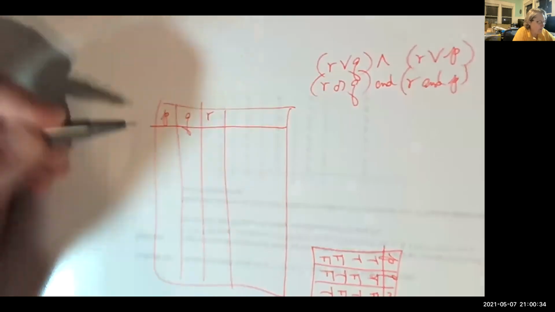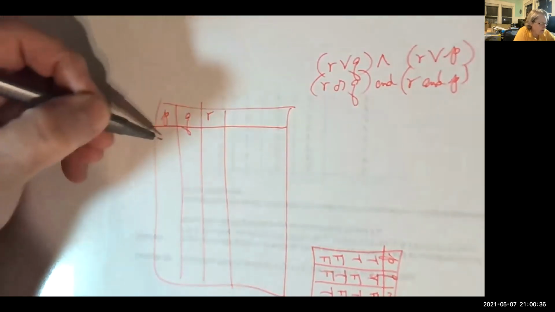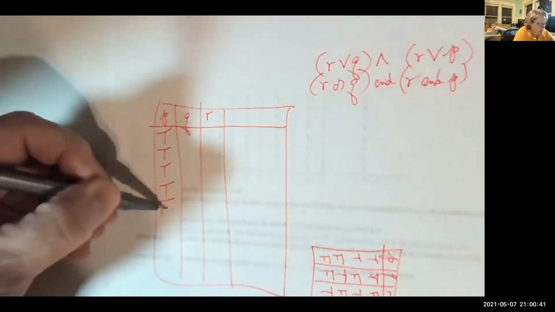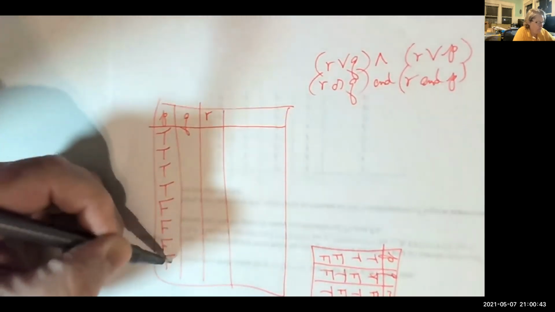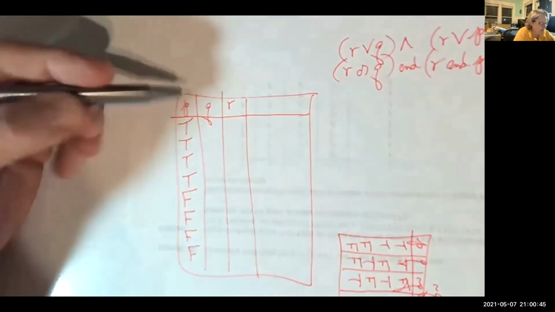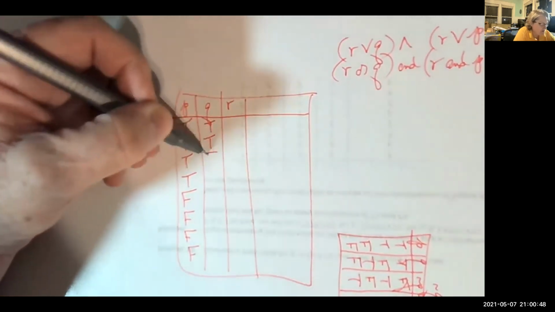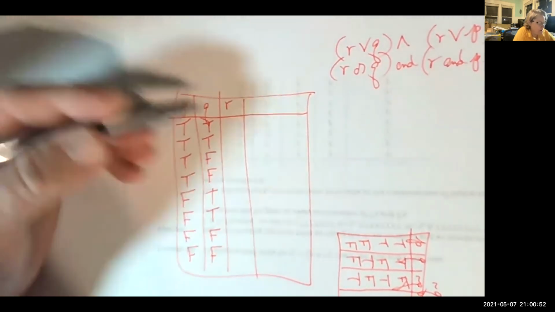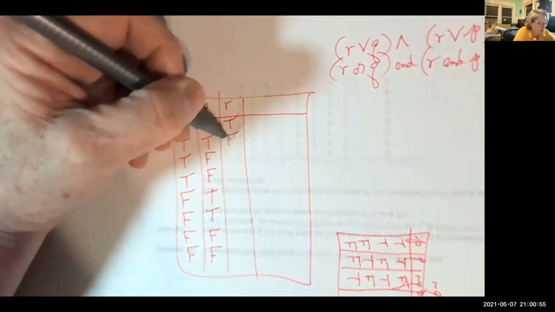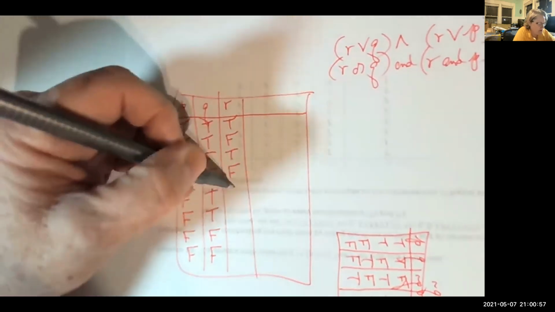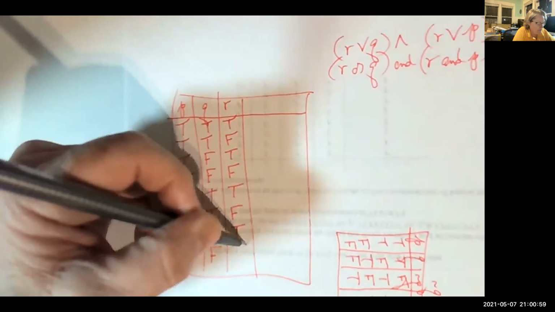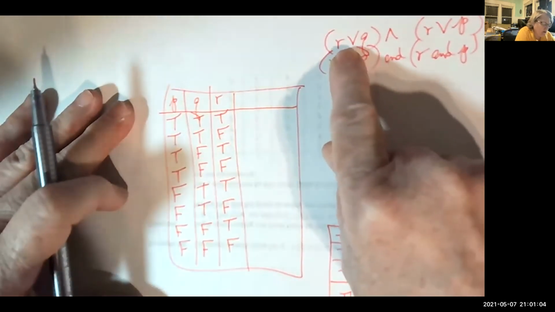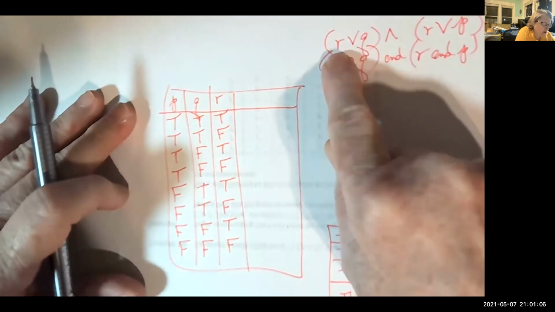When we have 3 variables, we start off with 4 trues for P and then 4 falses for P. Q gets 2 trues, 2 falses, 2 trues, 2 falses. R is alternating true, false, true, false, true, false, true, false. And now I want to look at where we're going. One of the things we need is R or Q.